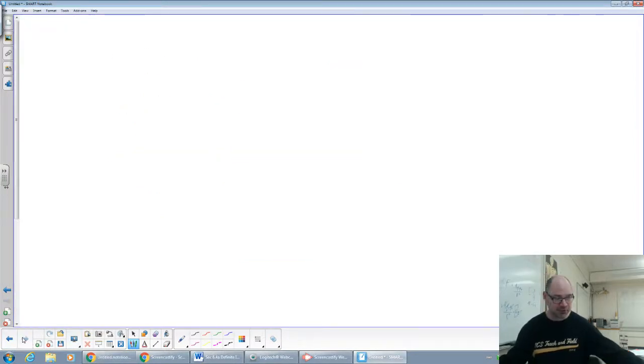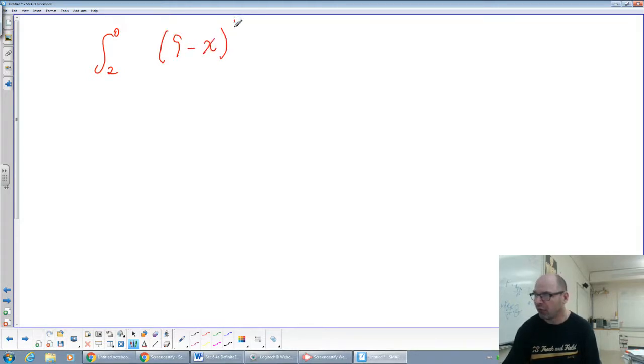Okay, let's do one more substitution example. Let's say we had the integral from 0 to 2 of (9 minus x) to the power of 1/2 dx. All right, so let's work it through.